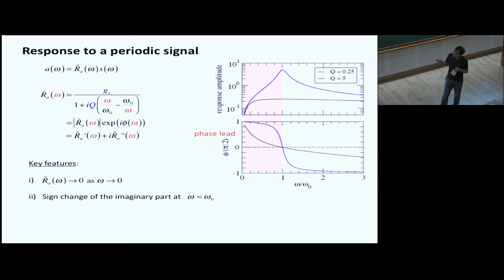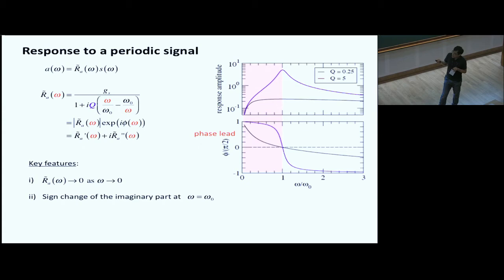And you get this formula. The dependence on frequency is in the denominator. Again, this characteristic frequency, omega 0, appears in the denominator. What is important is there are two different kinds of characteristic behavior for the frequency less than omega 0 and greater than omega 0.